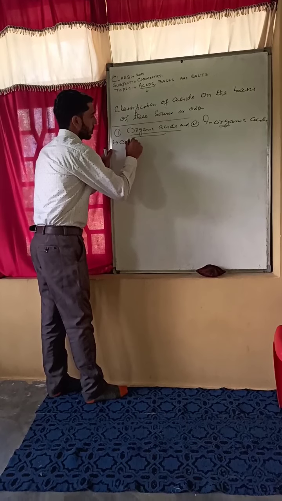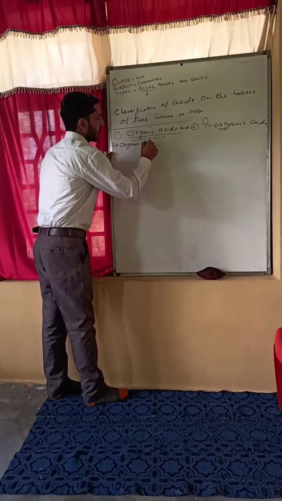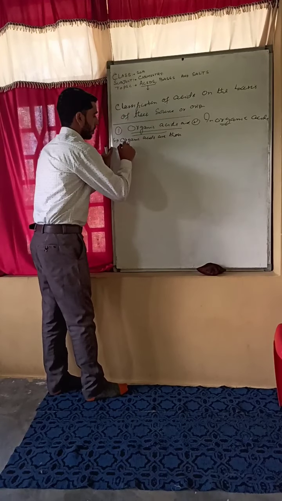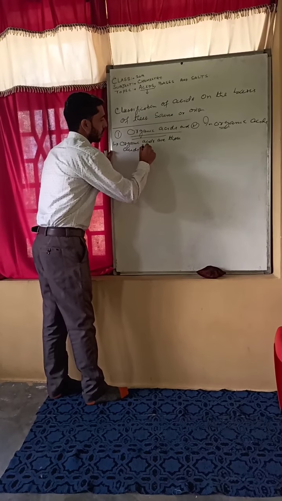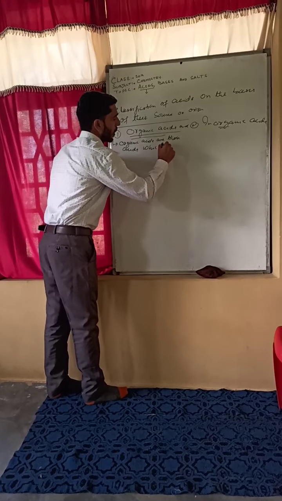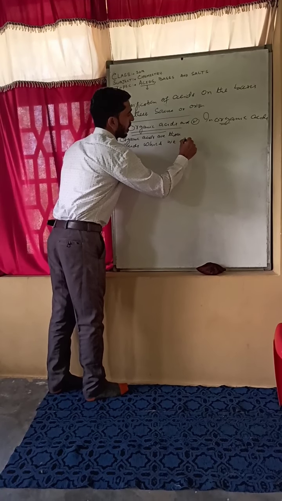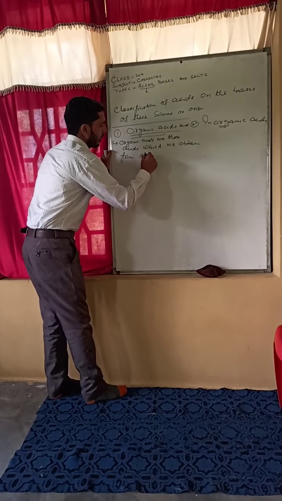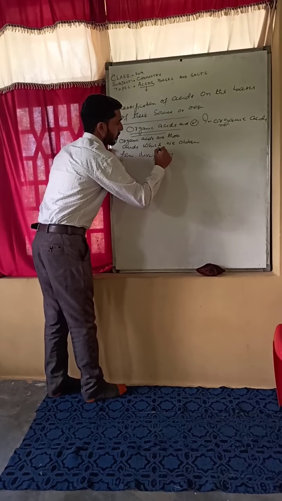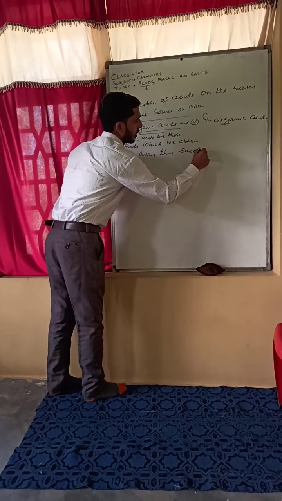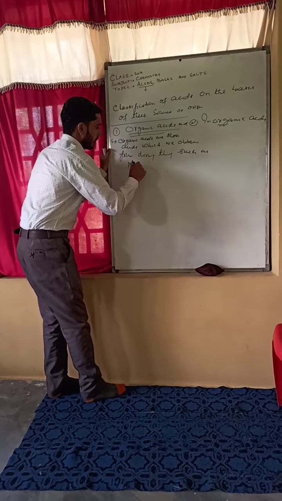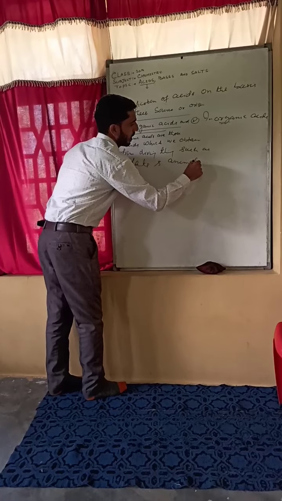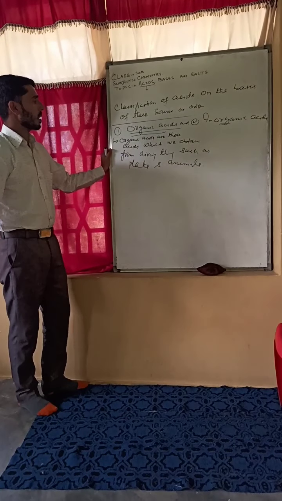Organic acids are those acids which we obtain from living things such as plants and animals. These acids are called organic acids.